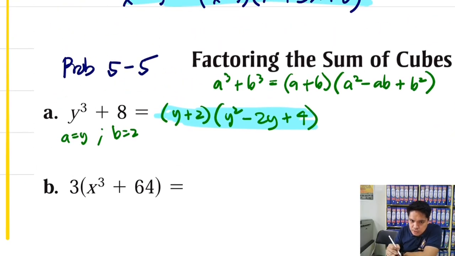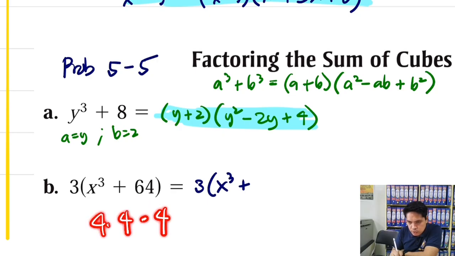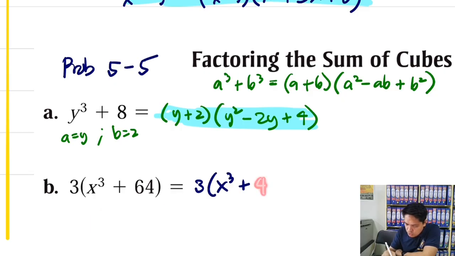Okay. So for letter B, we have this. Now may factor sa labas na 3. So let us just copy 3. And actually, how do we factor this out? So x cubed is just x cubed plus, how about 64? 64 is, I think it's 4 cubed, right? Because 4 times 4 is 16 times 4, 64. So plus 4 cubed. Okay, that's it.